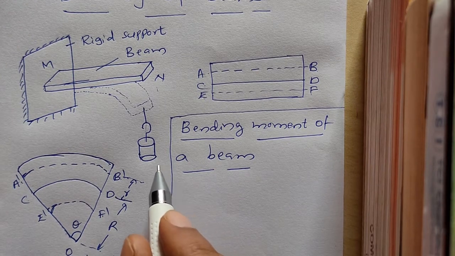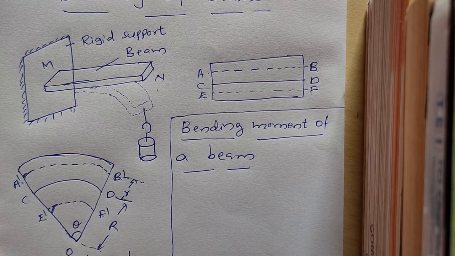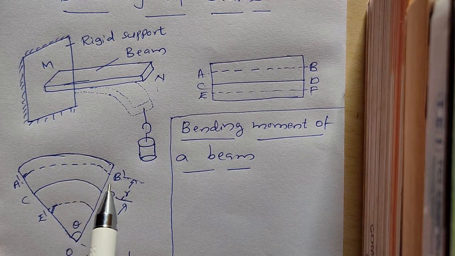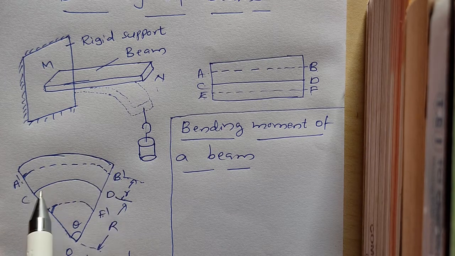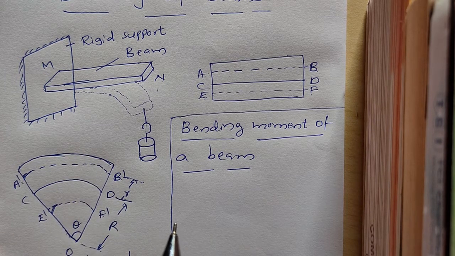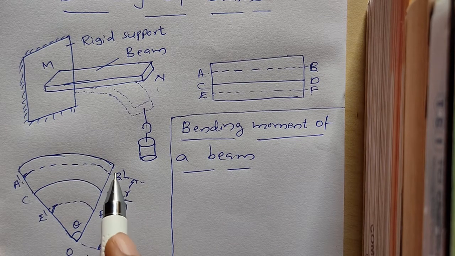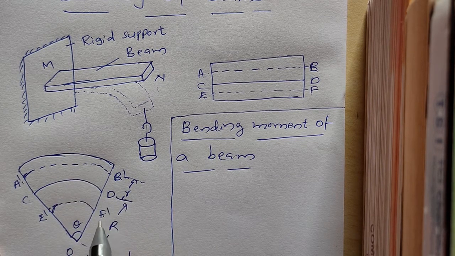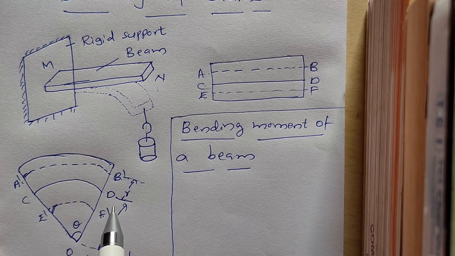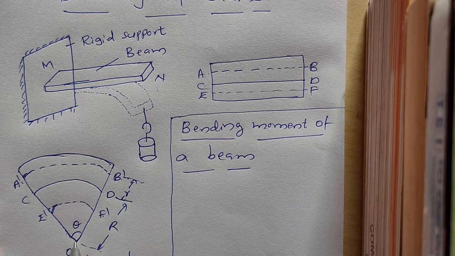So let us consider this diagram. This is the part of the beam which is bent. As I discussed earlier, the various filaments are marked here, and the beam is imagined to form part of concentric circles of different radii as shown here.